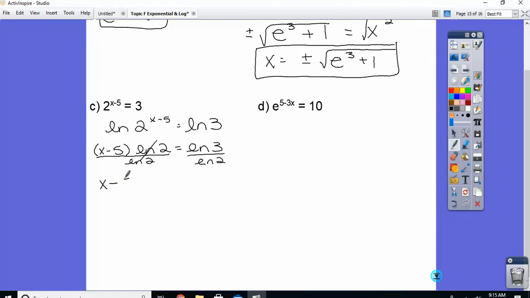So x minus 5 equals the natural log of 3 over the natural log of 2. And then final step would be add your 5.